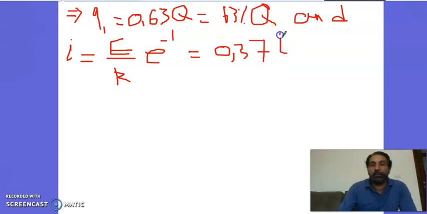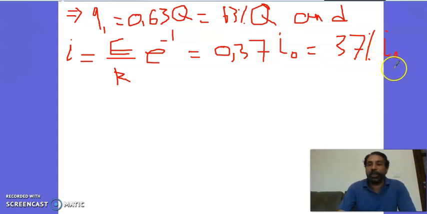You know the meaning of I0. E over R, right? This is I0. Clear? It means 37% of I0, right? So the current drops by 63% because the remaining part is 37%. Okay? I continue.